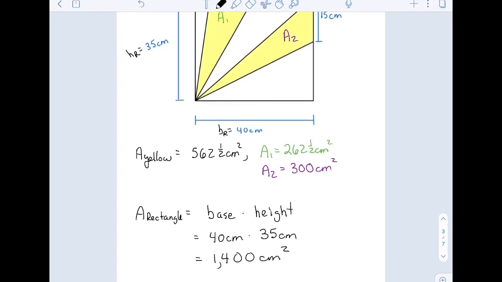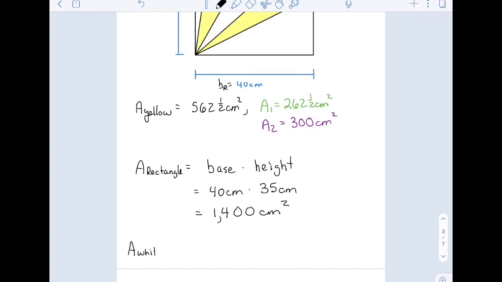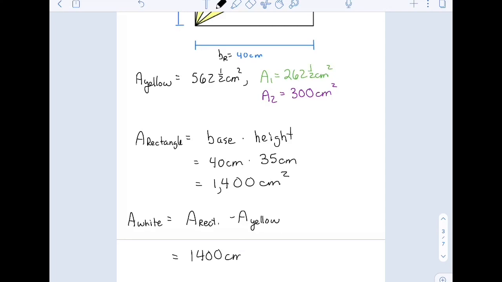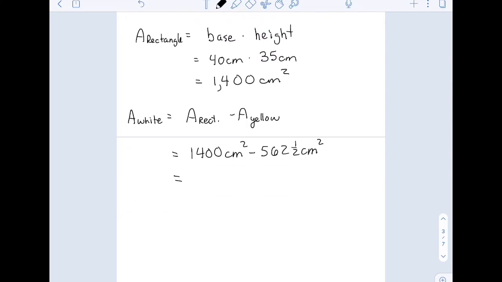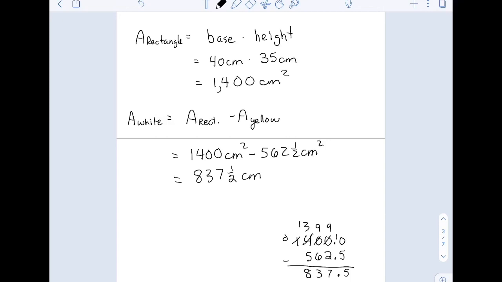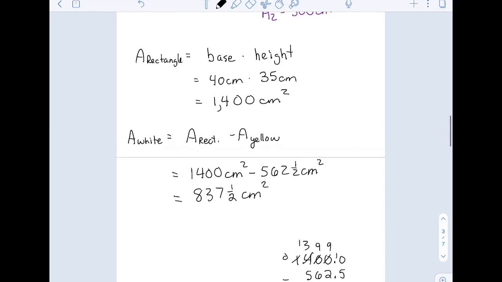The area of the rectangle is 1,400 square centimeters. Now let's do the takeaway. The area of our white region is 837.5 square centimeters.